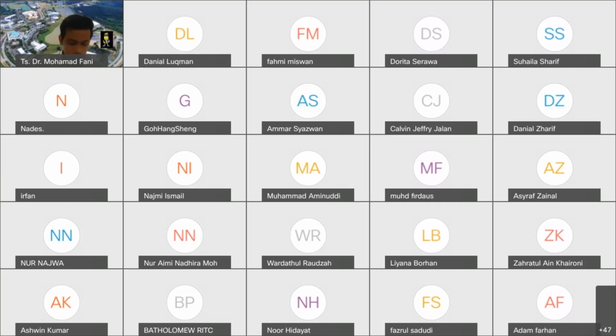Muhammad Azizi. Ada, doktor, ada. Muhammad Hafiz Aiman. Hafiz Aiman tak ada. Muhammad Hafizuddin Azman. Hafizuddin Azman pun tak ada juga.